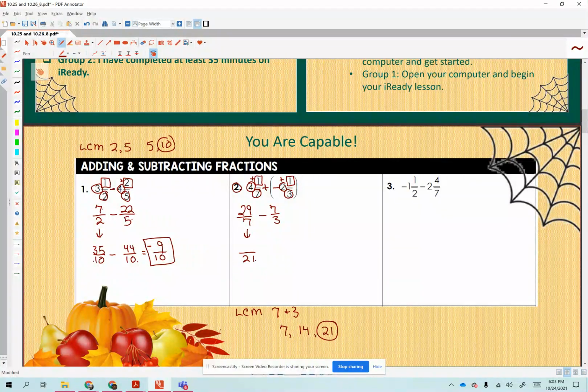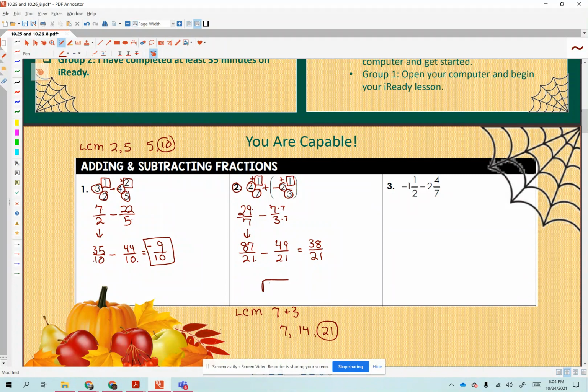So I know that 7 times 3 is 21, so I will multiply 29 times 3, which will give me 87, from which I will subtract, and I'm going to have, again, a denominator of 21. 3 times 7 is 21. 7 times 7 is 49. And when I subtract 49 over 21 from 87 over 21, I have 38 over 21.